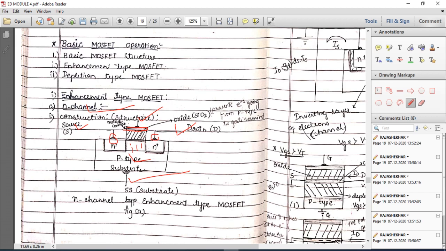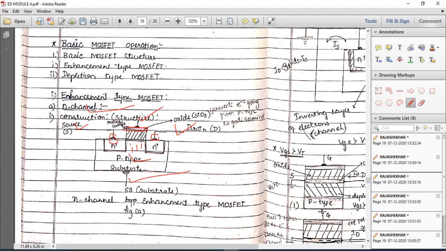I will just repeat here. It contains a p-type substrate as a basic foundation and 2 N plus doped regions, which are heavily doped, hence they are marked as N plus, and they are directly connected to the source and the drain terminal.